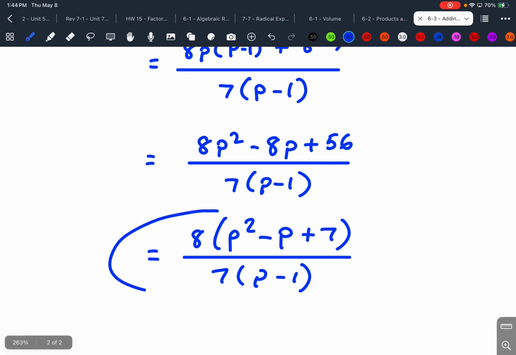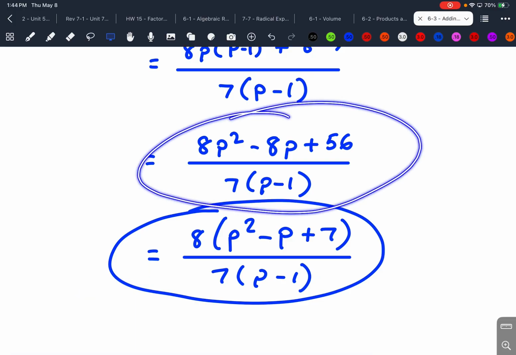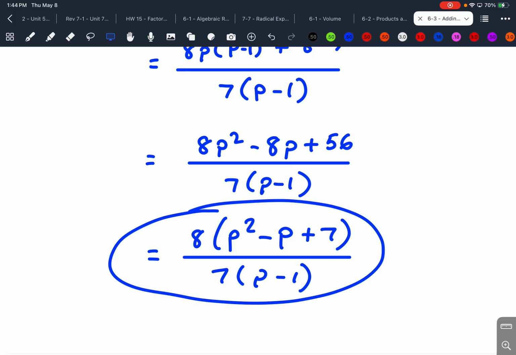So this would be the factored form. If there's a GCF here, I was just thinking if I would accept this on a test or take off a point. I probably wouldn't. I'd probably go, you can factor the GCF, but I'd go okay. But it's good practice to factor out a GCF and just to see if these are going to have anything that we can reduce.